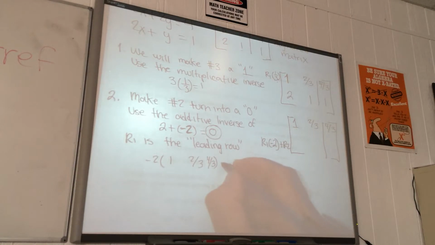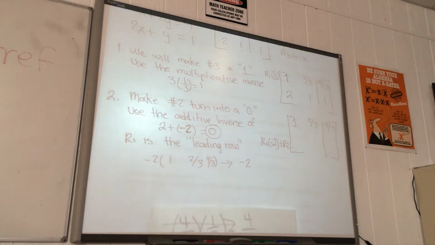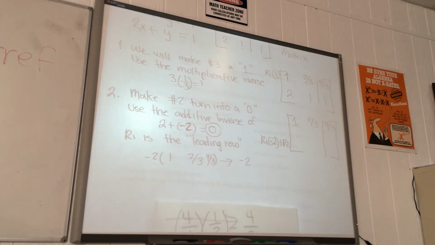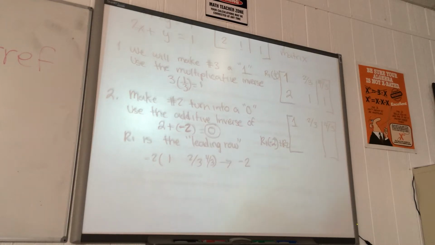So what is that? What is -2 times 1, Catherine? -2. What is -2 times 2/3, Matthew? -4 thirds.